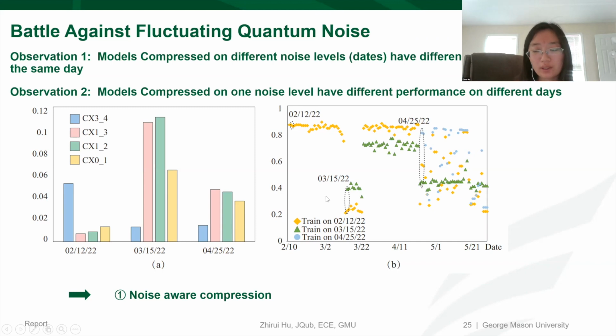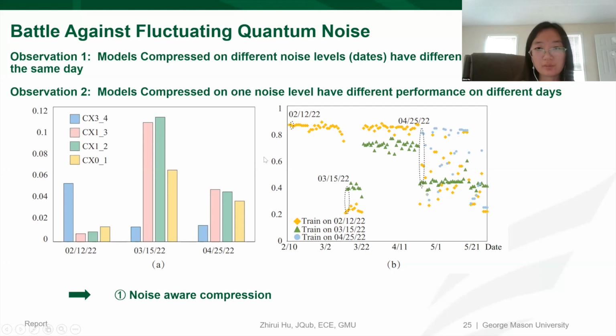And then we tested the high-level-noise model on the following days. We can see that the accuracy is still lower than the model trained on the low-level noise. And the observation on the medium-level noise is similar.